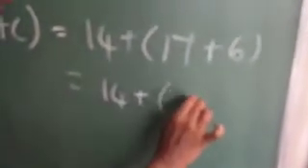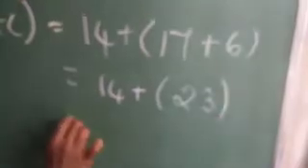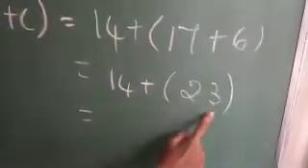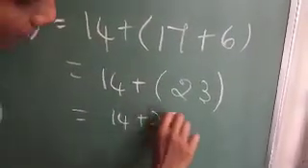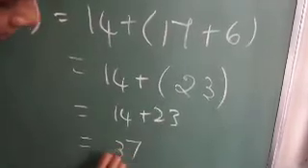Now you find A plus of B plus C. So A value is 14 plus of B value 17, C value 6. 17 plus 6, how much? 23. Now you simply add 14 and 23. So 14 plus 23 you will get 37.